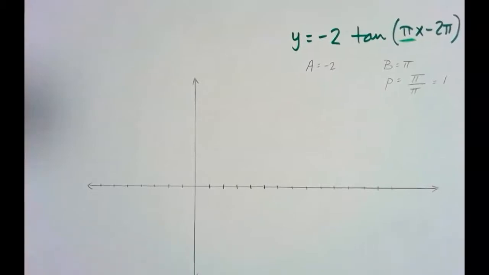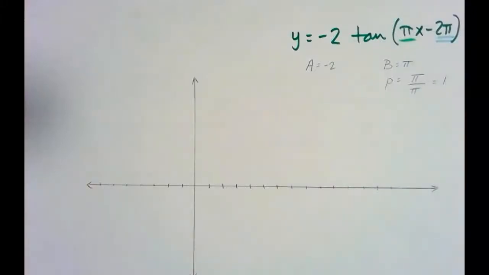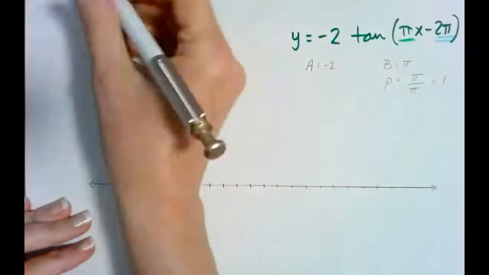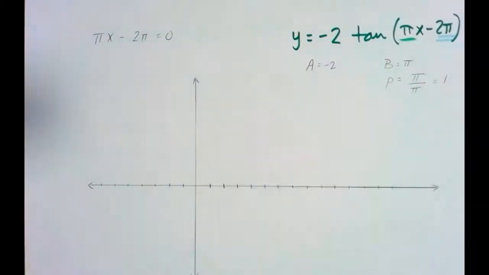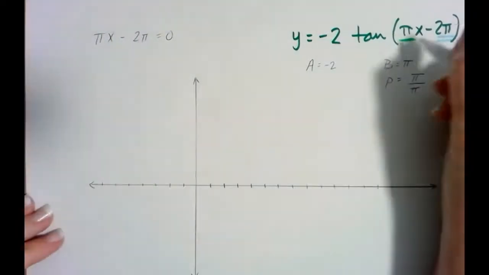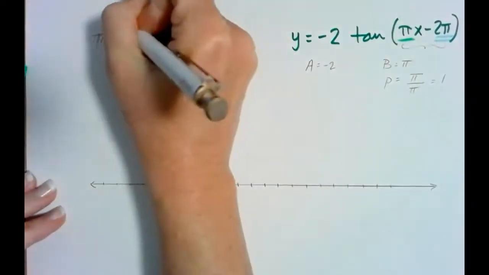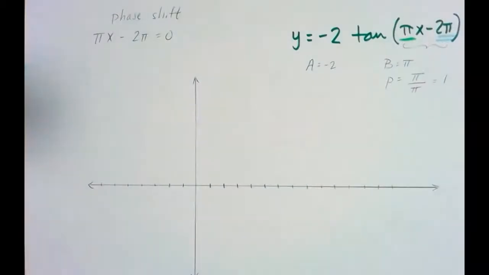We also have a C value. That C value is 2 pi. So what we're going to do is take all of this quantity and set it equal to 0. When we take the quantity that's inside of the parentheses and set it equal to 0, it's going to give us our phase shift for our tangent function here.